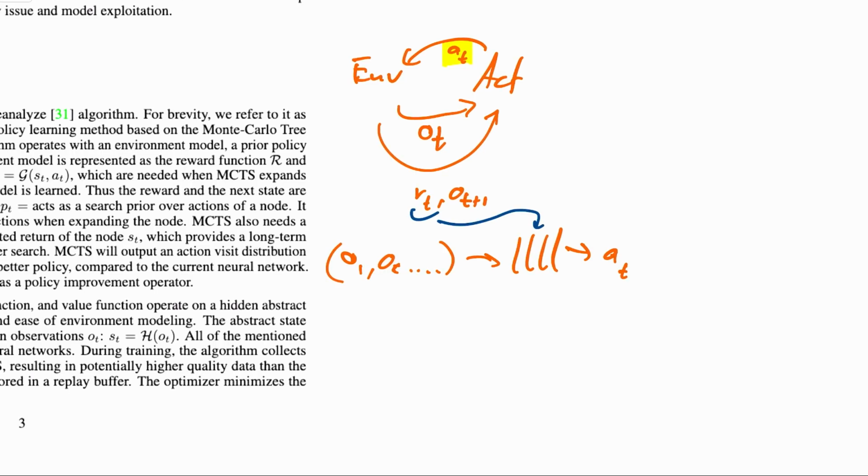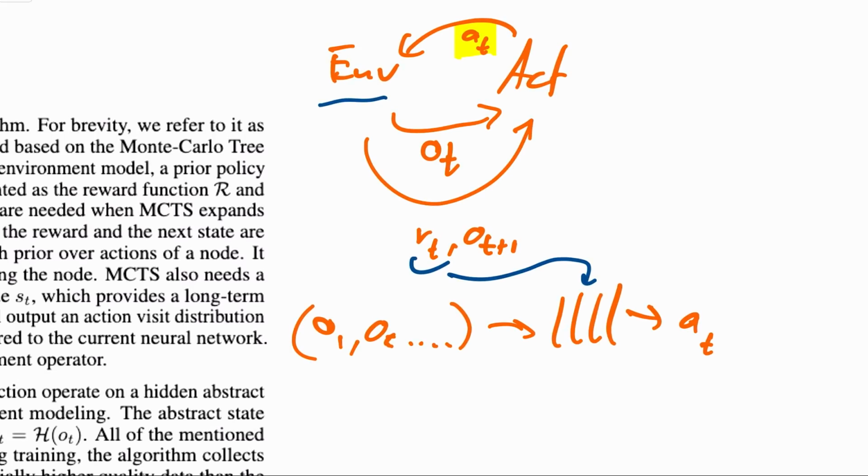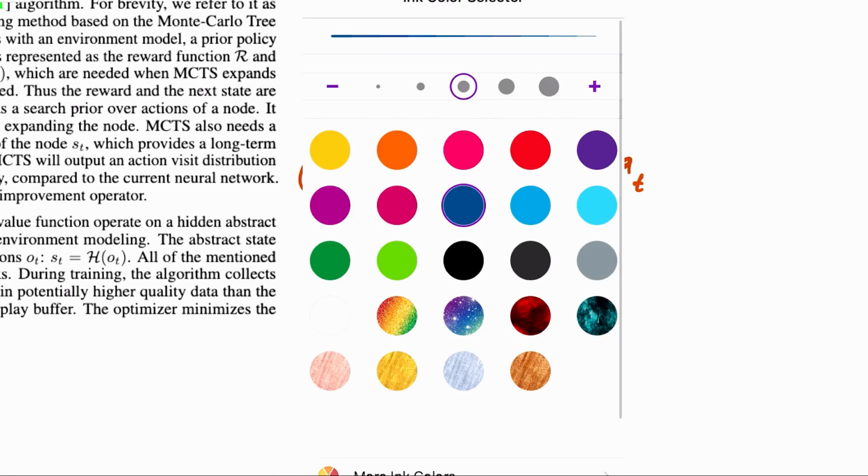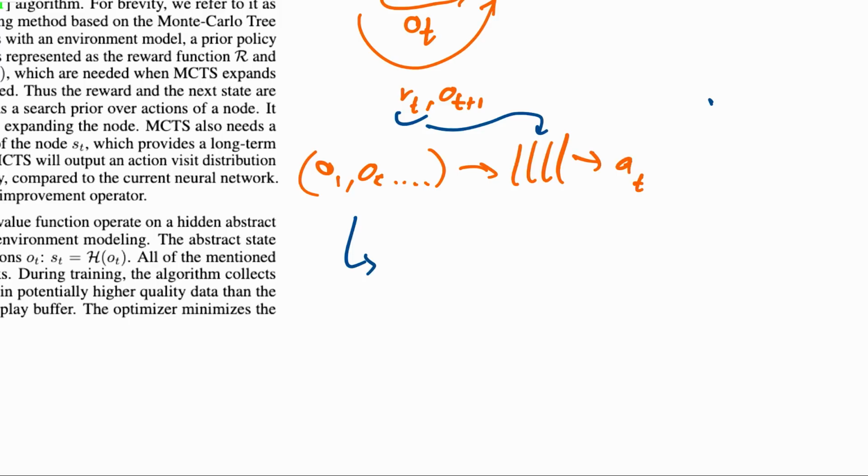Now, when you have a model of the world, so when this environment here is well described, for example, a chessboard. In a chessboard, you know the rules. You know everything that's going to happen in a chessboard. You can use a model of the chessboard. So what you can do is you can take these observations, and these observations would correspond to some defined state, or let's say tic-tac-toe.